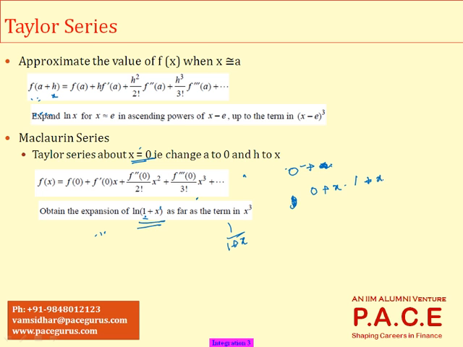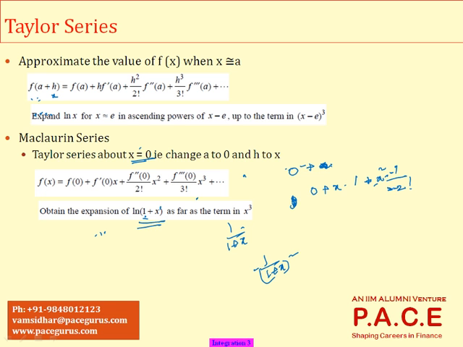plus x squared. 1 by 1 plus x whole square, derivative of 1 by 1 plus x, minus 1 by 1 plus x whole squared. So x squared into, put x equal to 0, minus 1 by 1 plus 0 whole squared, which is 1 itself, but 2 factorial.